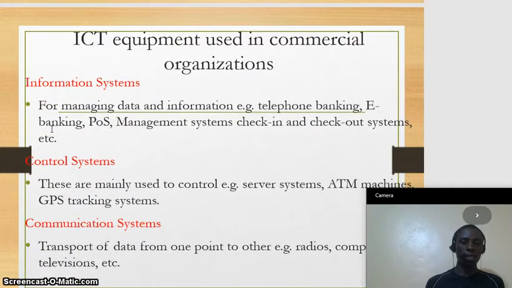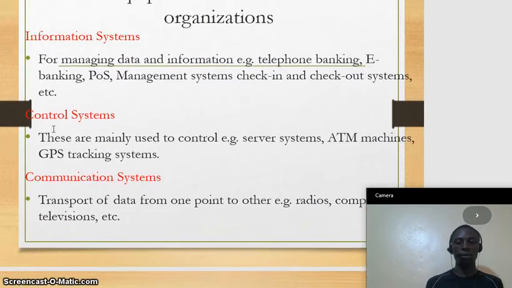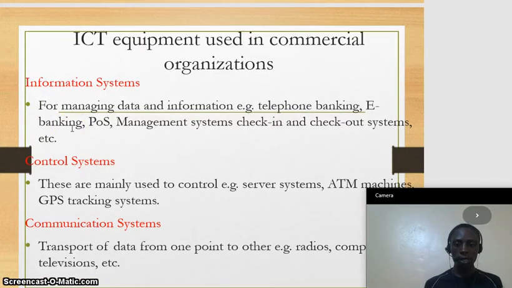Now, ICT equipment used in commercial organizations. One, we have information systems. We have control systems, communication systems, and many more. The information system is for managing data and information, for example, telephone banking, e-banking or electronic banking. Those are information systems used in a given organization.